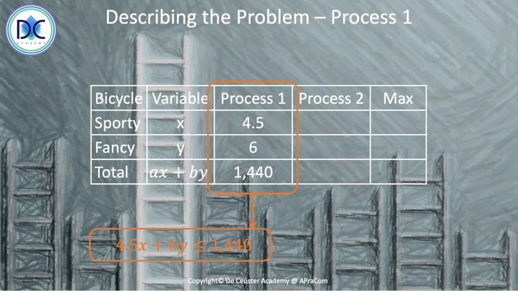So we can say 4.5x plus 6 times y has to be smaller or equal than 1,440 hours. It means whatever combination of sporty and fancy we will be combining, it should not exceed the 1,440 hours.